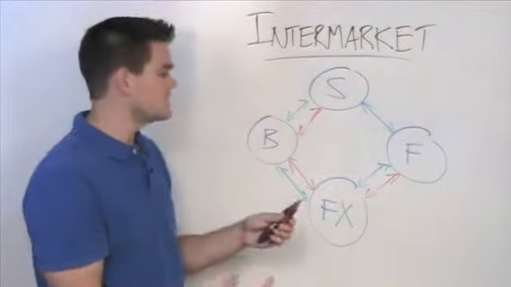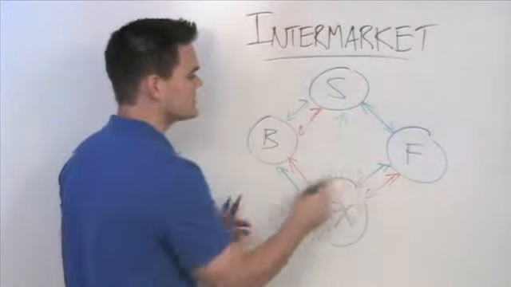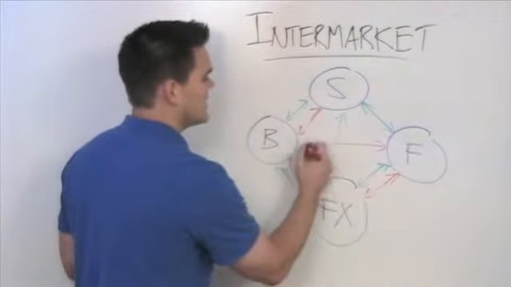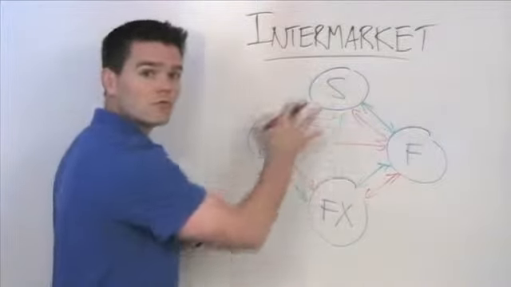The inverse is also true. So you get all of these indications back and forth of what might be happening in the markets by looking at the markets around them.